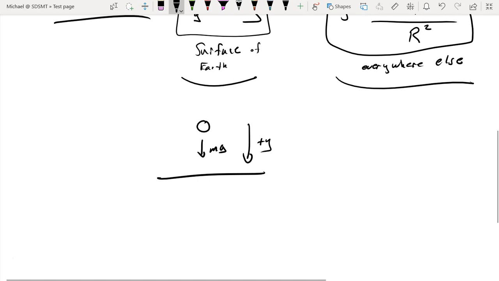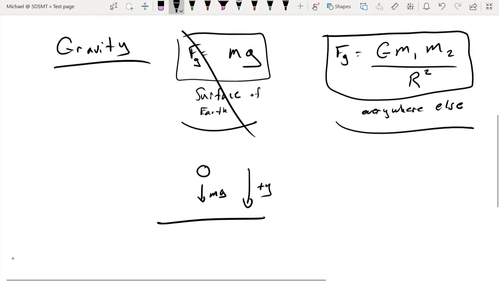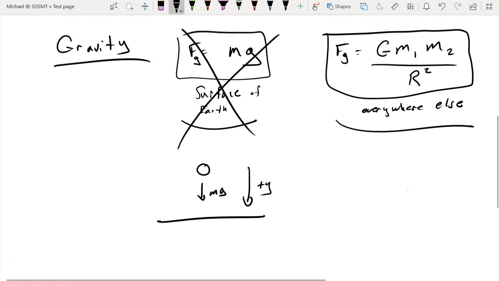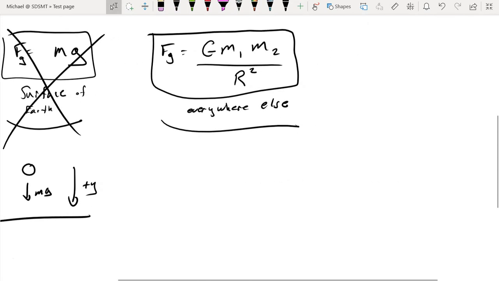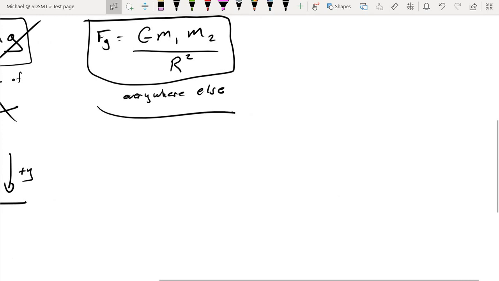There's no circular motion occurring there. So we don't get to use this stuff. But everything about this second equation says we could take something like the Earth and have a satellite that orbits around the Earth.